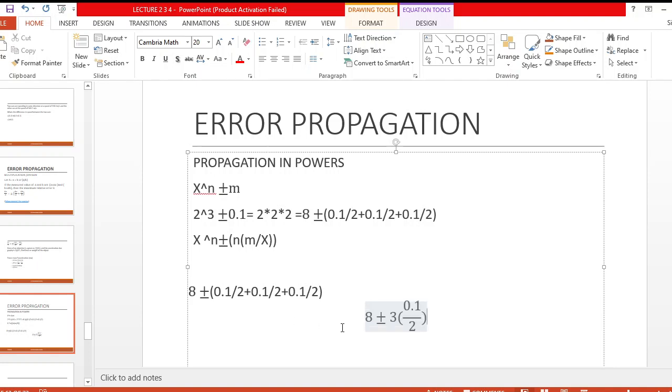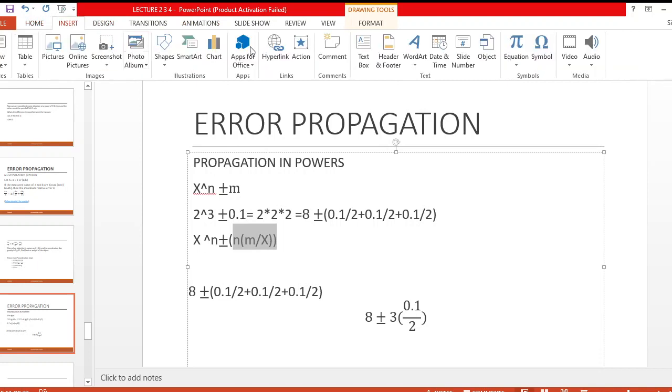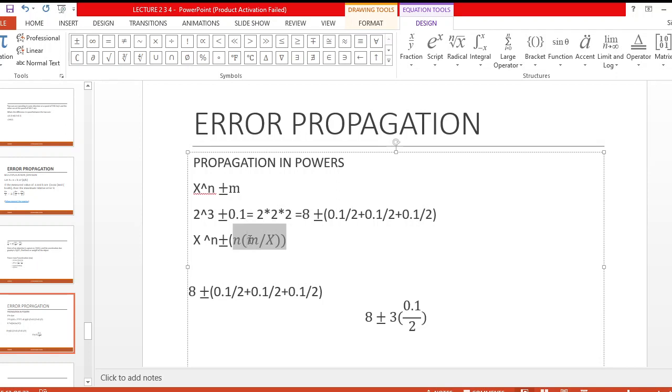If I simplify that, it will be 8 plus or minus 3 times 0.1 over 2, which is the same as this fraction.